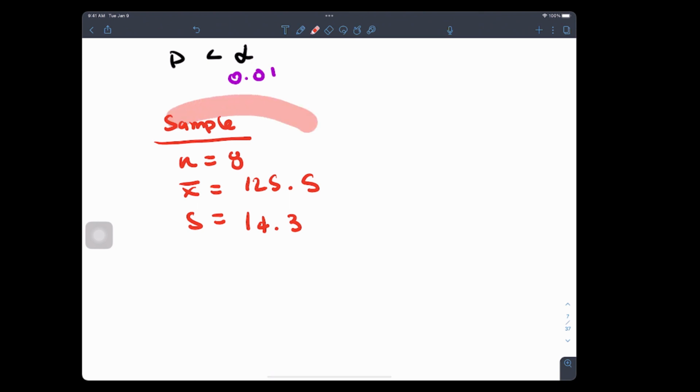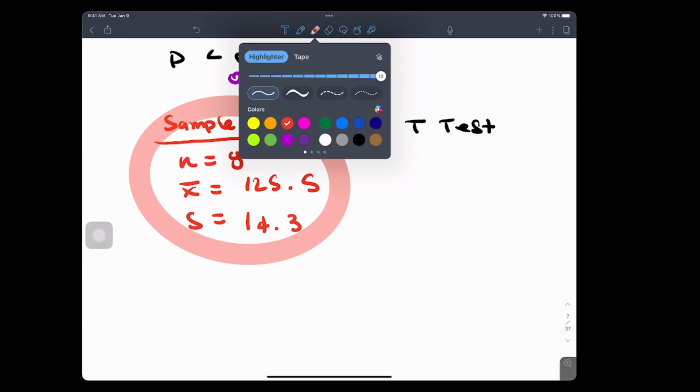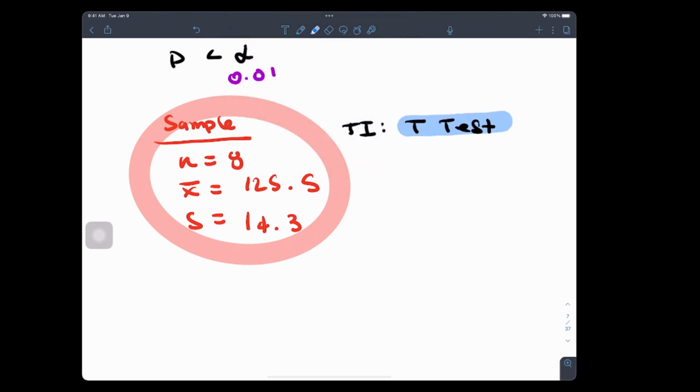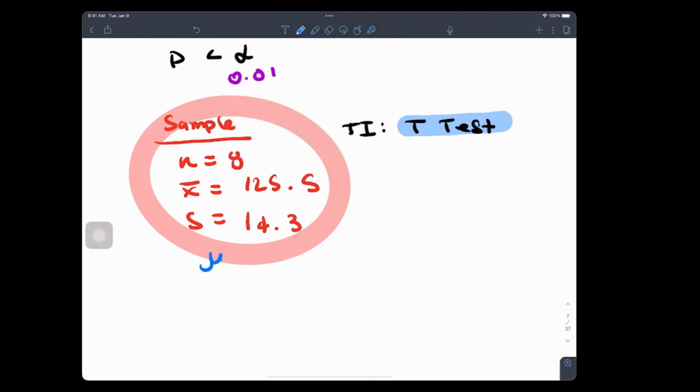But we're not done. Yes, we're going to use the TI. And you say, what do we do with the TI? I already know. I'm going to have to use what? T-test, not Z-test, because this is a small what? Sample. Do you know what mu naught is? Because you always need mu naught.